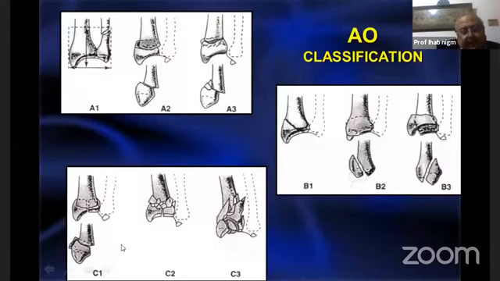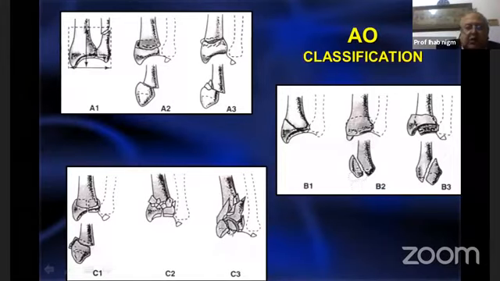In type C, it is either C1 with simple articular, simple metaphyseal. In C2, simple articular, complex metaphyseal. In C3, complex articular, complex metaphyseal.